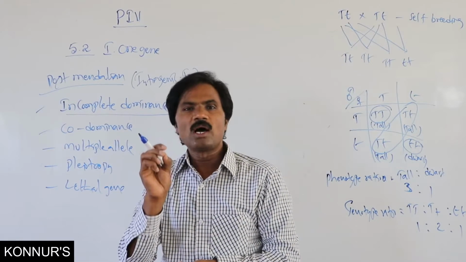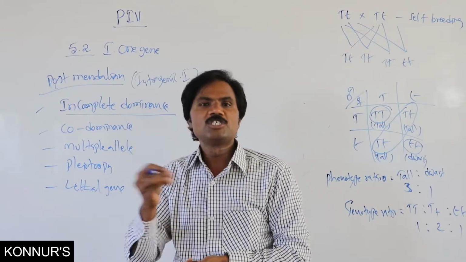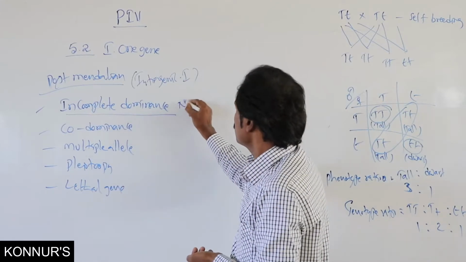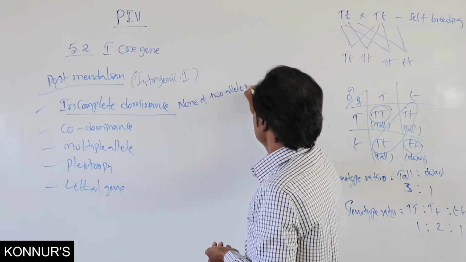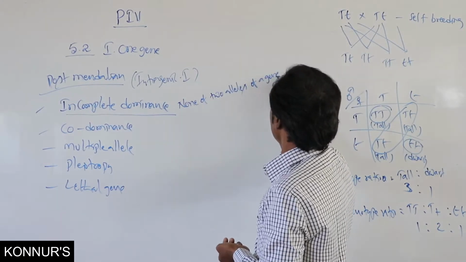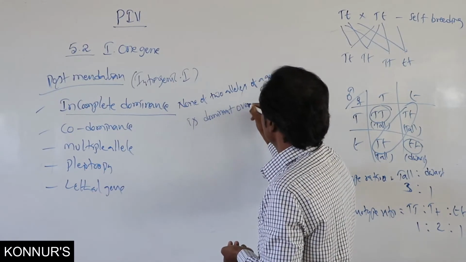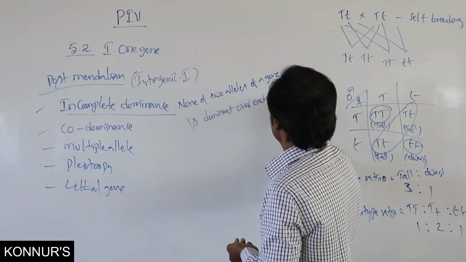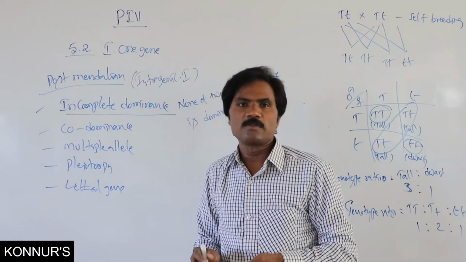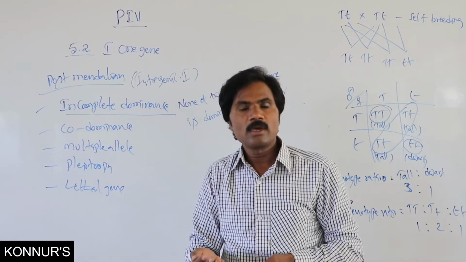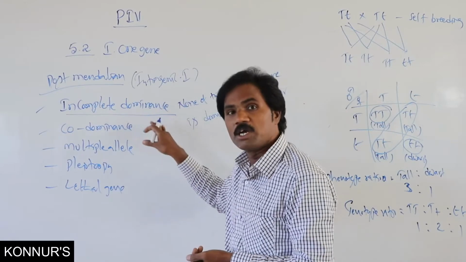None of the two alleles of a gene is dominant over the other. If both alleles are present, neither allele is dominant or recessive. That represents incomplete dominance.